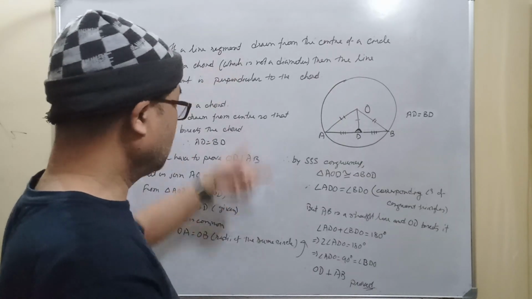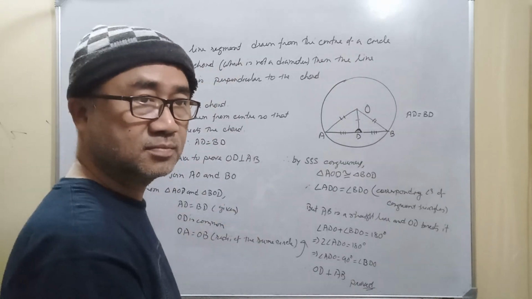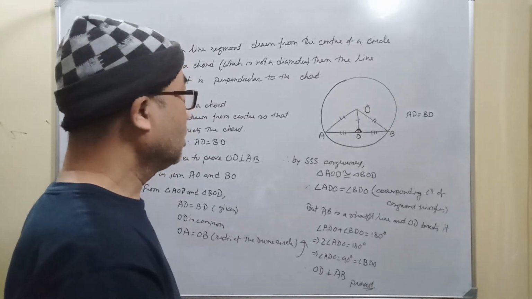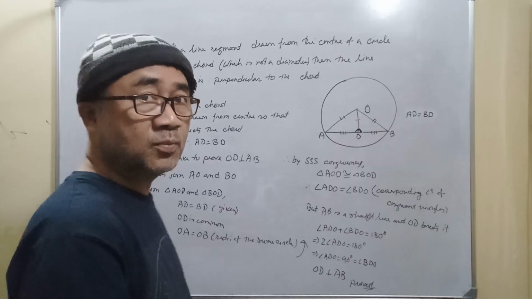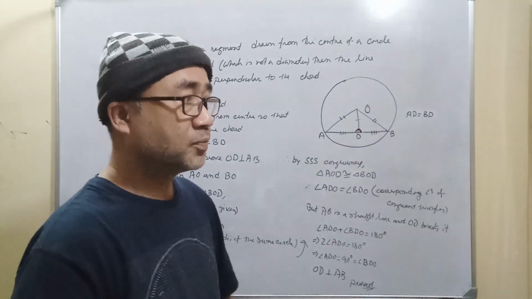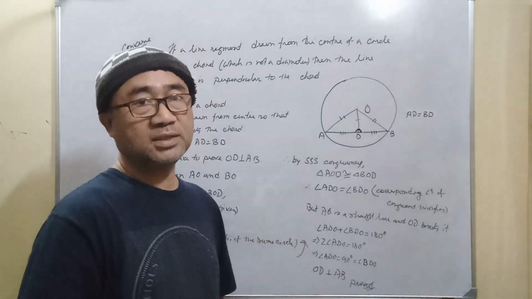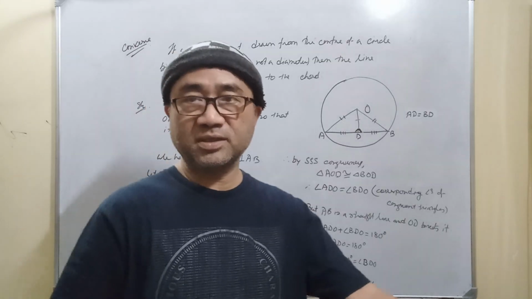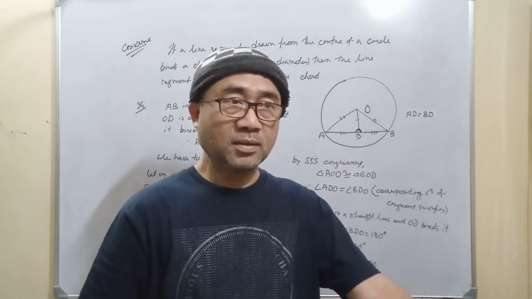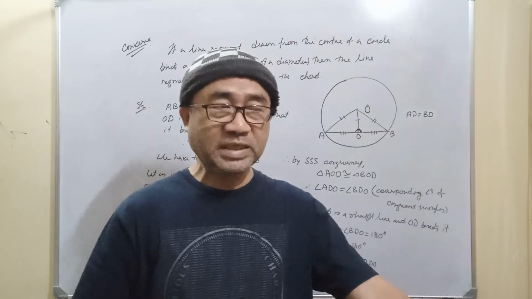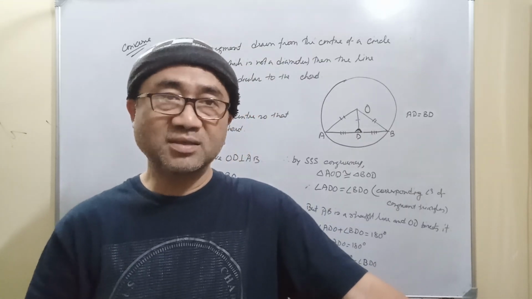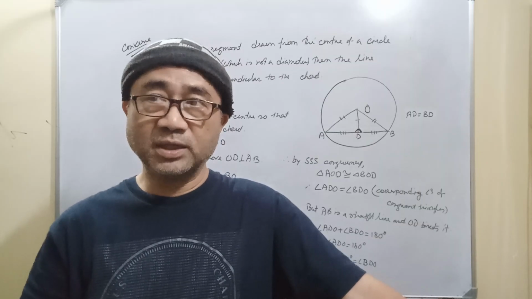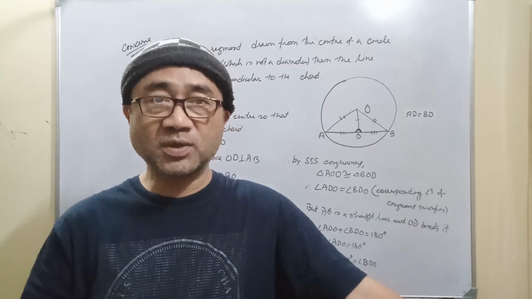So this is how we prove the converse. Okay. So the converse and the original theorem both are important for this chapter. Practice it, memorize it. There are a lot of questions from this chapter based on this theorem and the converse of this theorem. So you have to understand these two theorems properly, the theorem itself and its converse also.